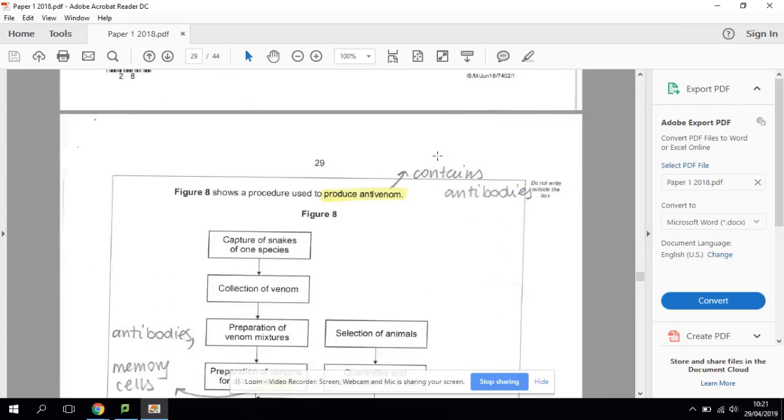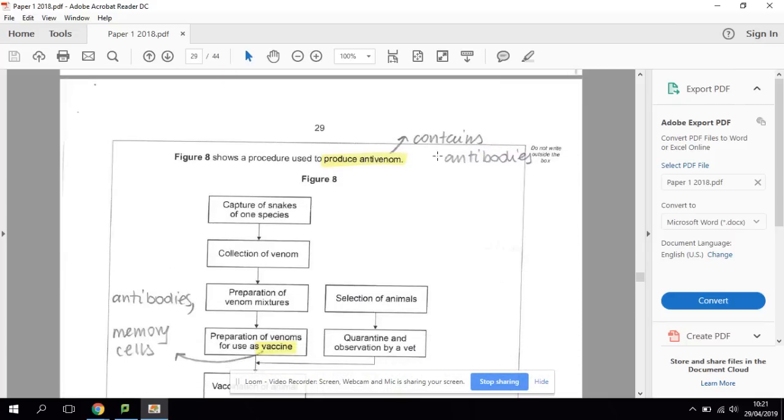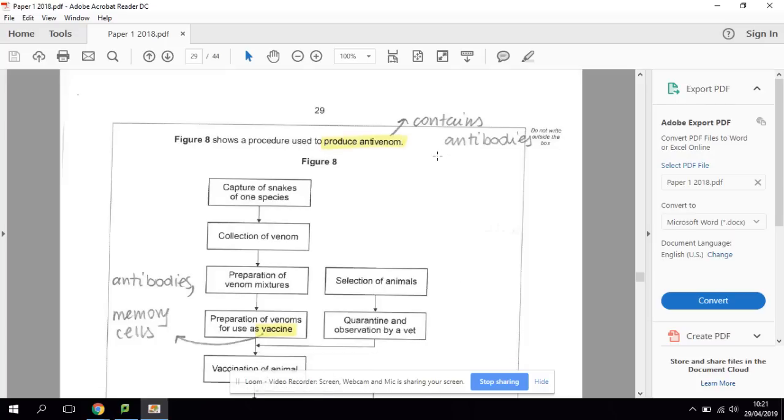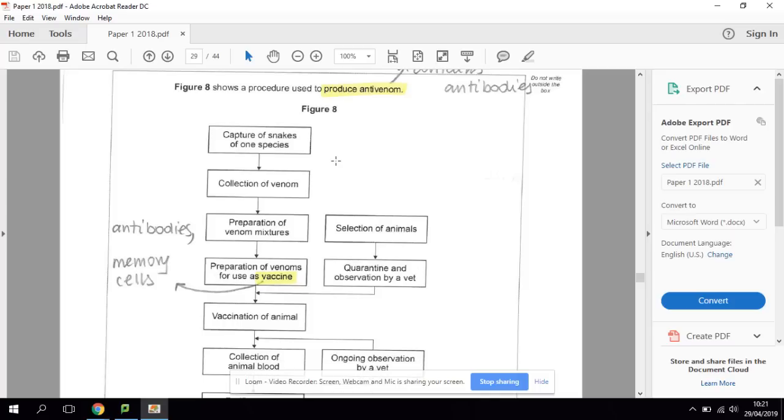So next question. We've got a figure that shows a procedure used to produce antivenom. So antivenom is the one that contains antibodies. So you've got the snake, collection of the venom, mixture, selection of the animals, preparation to use for the vaccine. What's the main purpose of a vaccine?